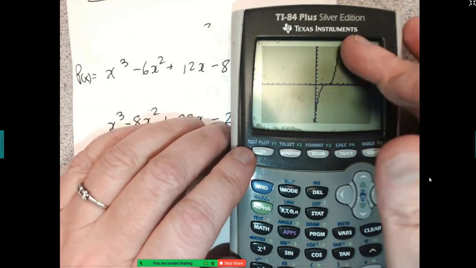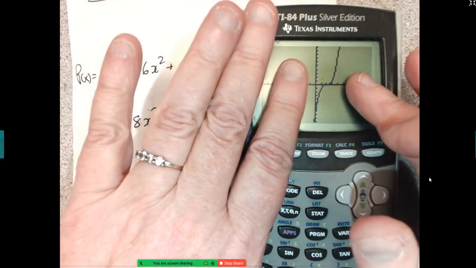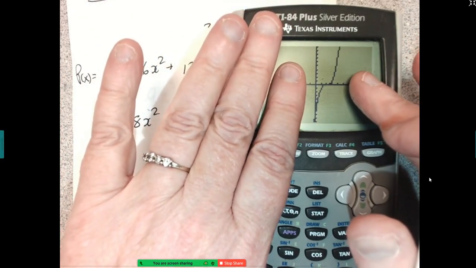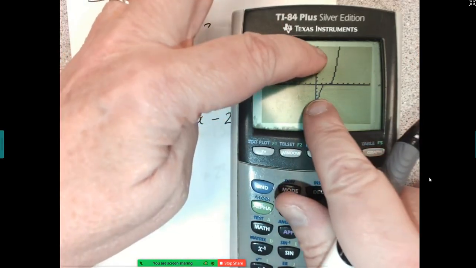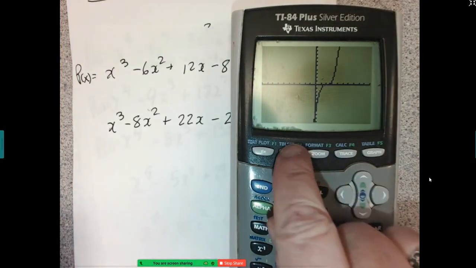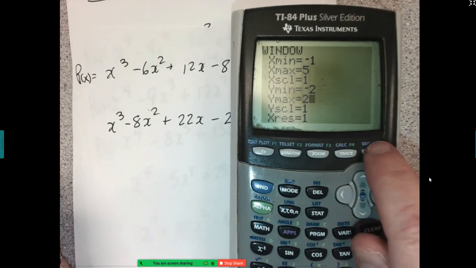I'm going to zoom in on this a bit. So I'm going to refine my X window to look something like that. And my Y window, I might take it from -2 to +2. So I'm going to press window, and I'm going to refine it for this particular one.